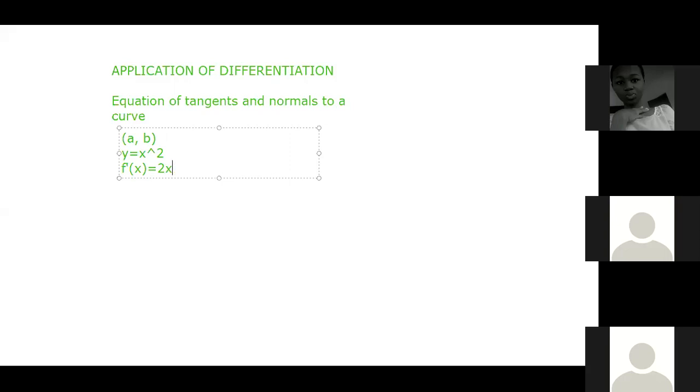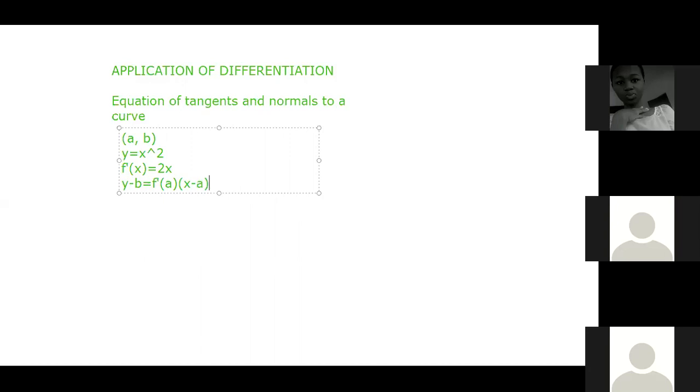The equation of the tangent is given as y minus b is equal to f prime of a times x minus a.